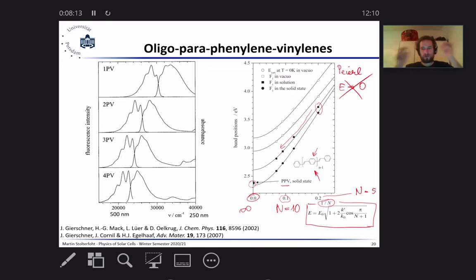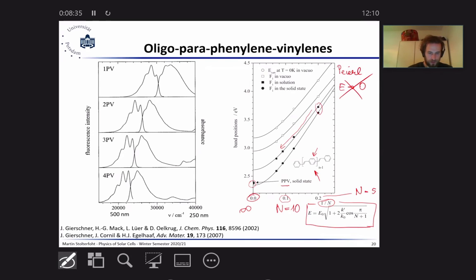So there will be a finite band gap at the end. But in principle, the more pi orbitals you bring together, the lower the band gap. So you want to increase the conjugation length if you want to lower the band gap.